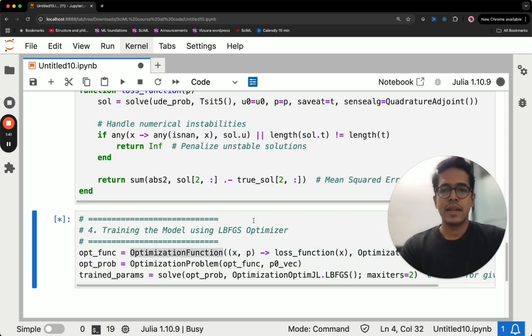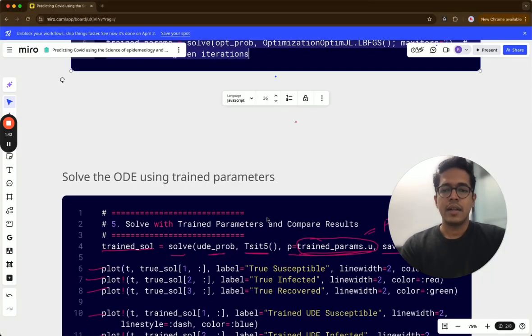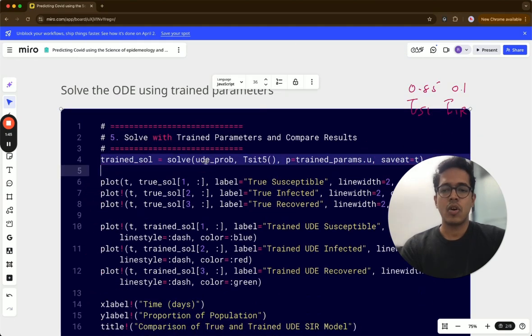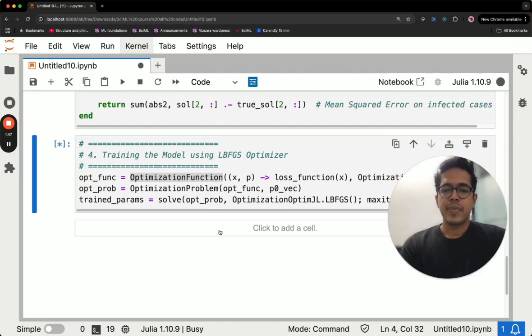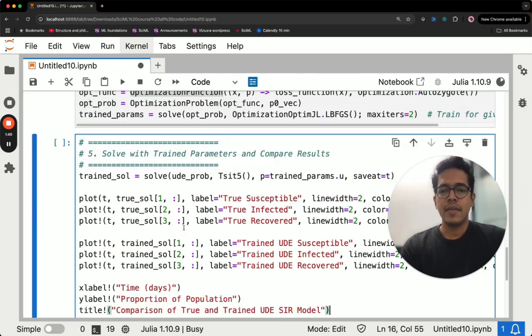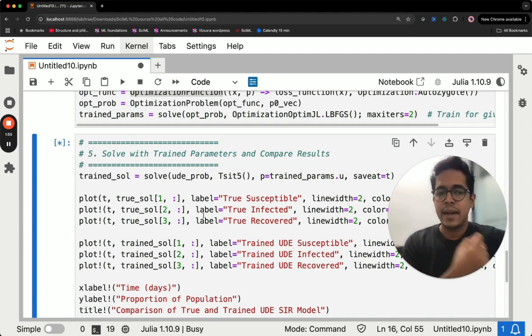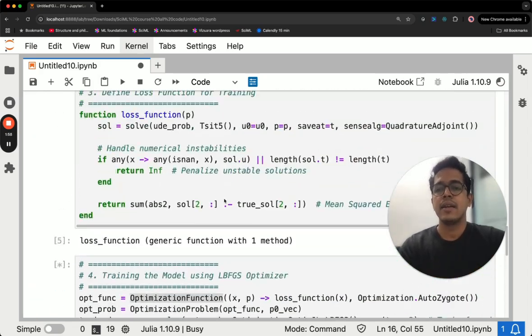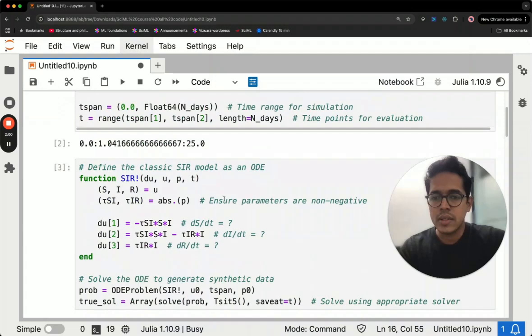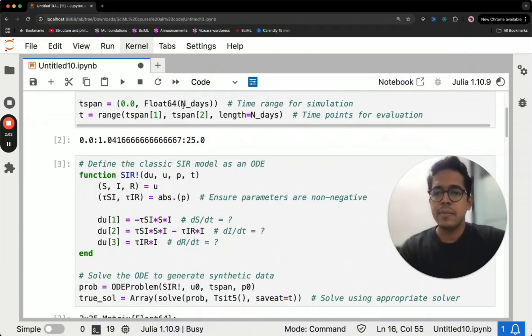So let us run this. And in the last part, here we are solving and plotting. Once this is done, we can also do a little bit of extrapolation. We can try to extrapolate from the 26th day till the 50th day and see what we get. So right now, I hope the code is running. Yeah, the code is running here.